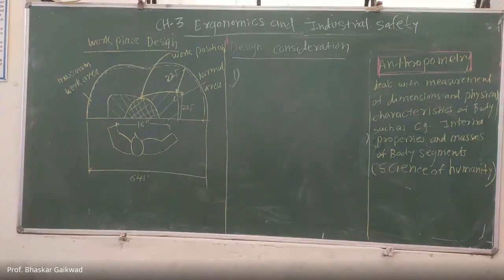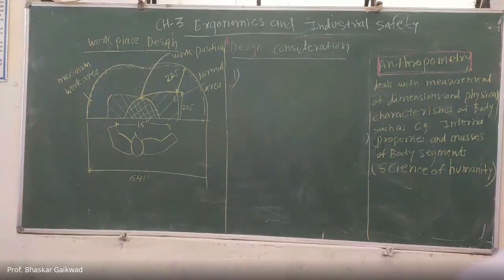Anywhere, you have to design the workplace in such a way that the worker does not get any fatigue and stresses are not introduced in his body. So workplace design is like this. Let us see the figures on the blackboard. On one side the man is there, and the low length is 16 inches, and the total working area, the maximum area, is 64 inches.